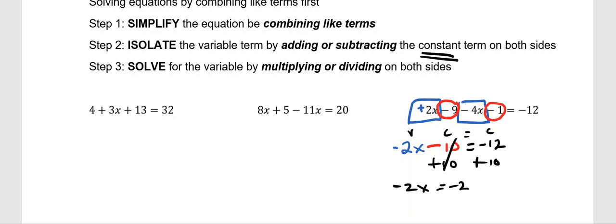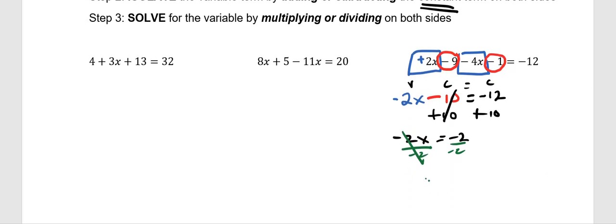And then from here, quickly, step 3. So I did step 1 with my simplifying, my combining like terms. Step 2, I did my isolating. Step 3, I'm going to use an inverse operation, divide by this negative 2 to undo the fact that x is being multiplied. And I get a final solution of x equals 1. So that's my third step.